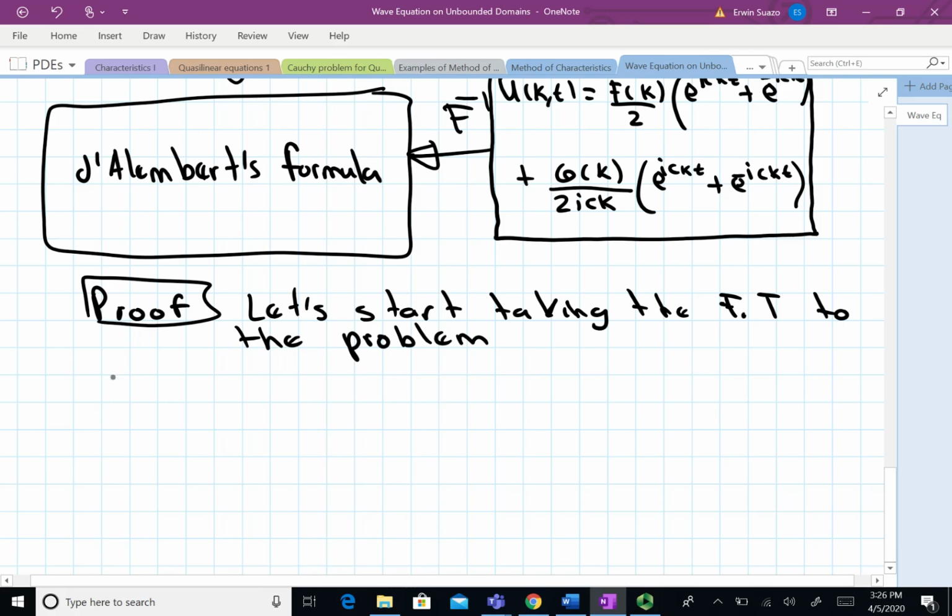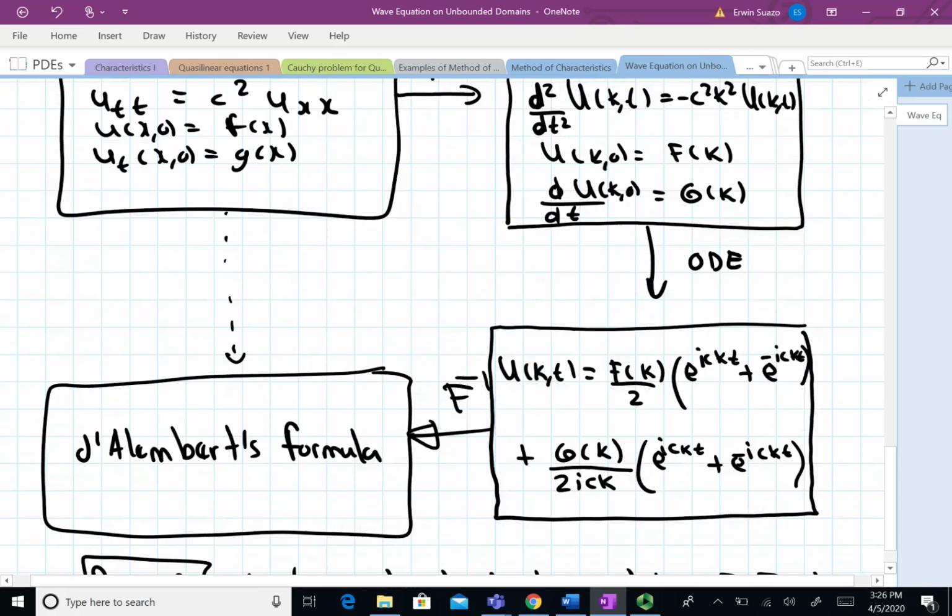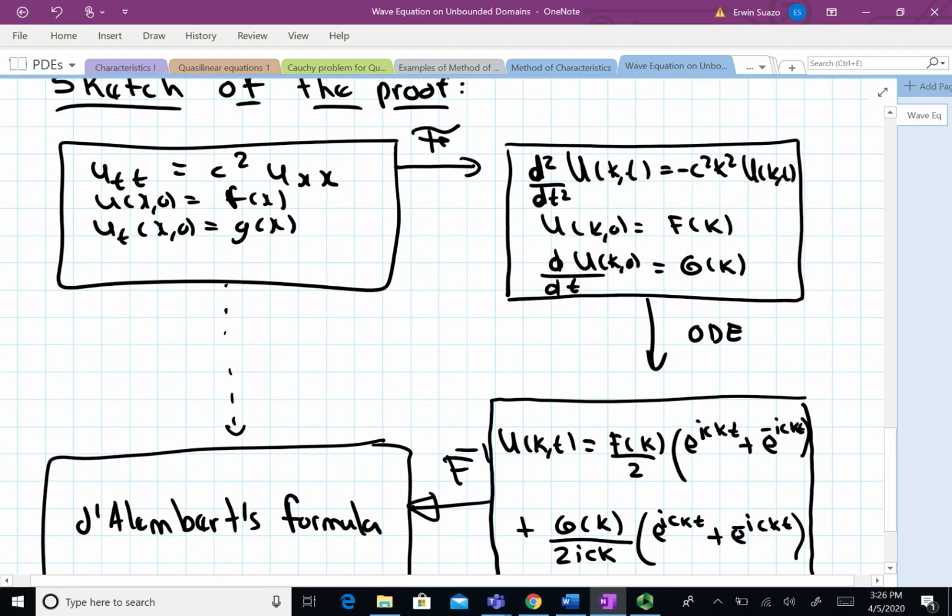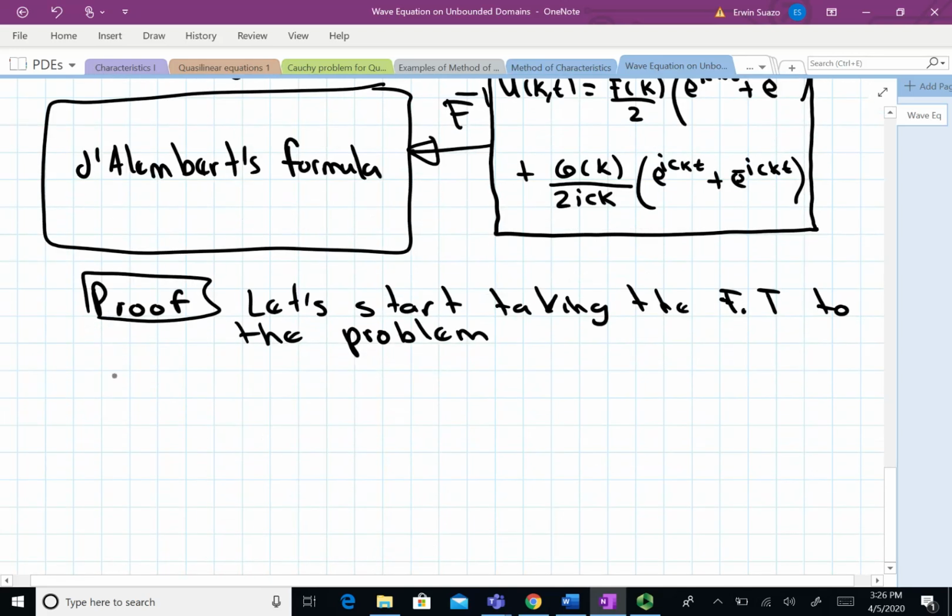I have to take the Fourier transform of u_tt, the second derivative with respect to time of u, equals c squared u_xx. So let's go step by step. The Fourier transform of the second derivative with respect to time, by the formula we saw in a previous video, is just the second derivative with respect to time of the Fourier transform of u.